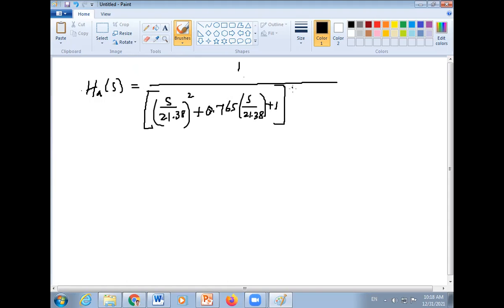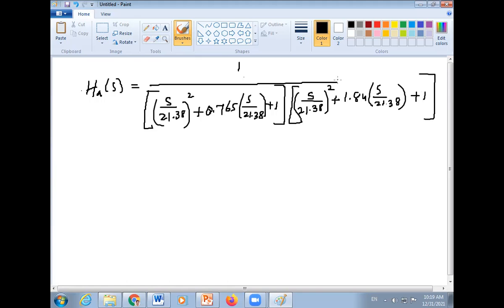And the second bracket term is (s divided by 21.38) square plus 1.84 divided by 21.38 plus 1.